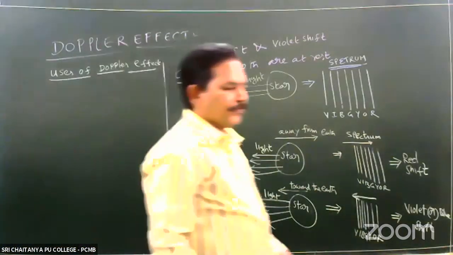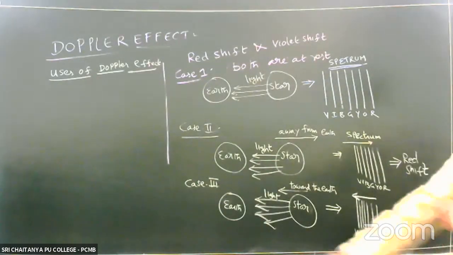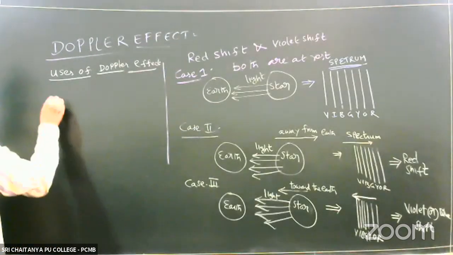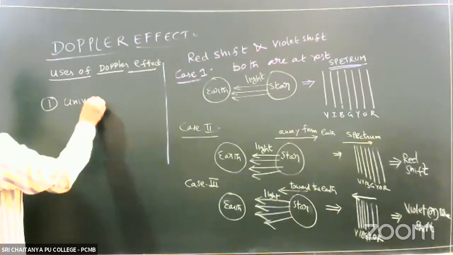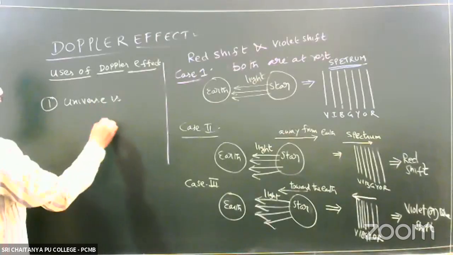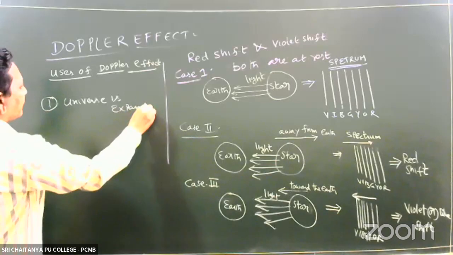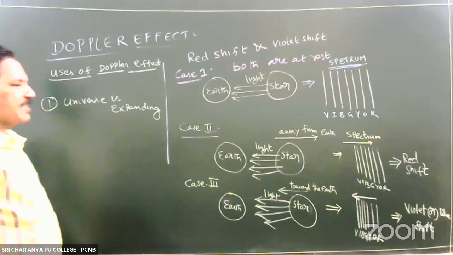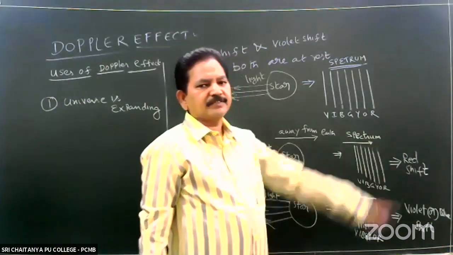Uses of Doppler effect. What is the use of this phenomena? By using this phenomena, we can say that the universe is expanding. How can you say, sir? We are going to get redshift.